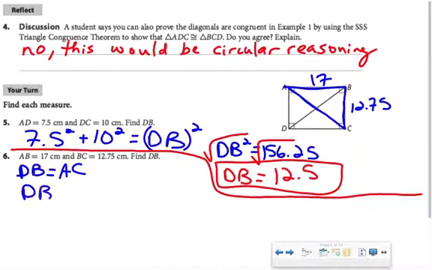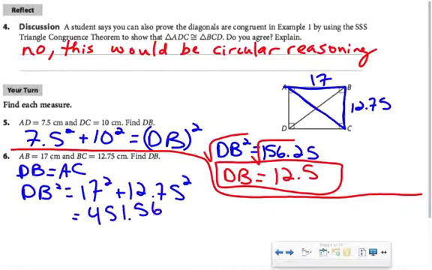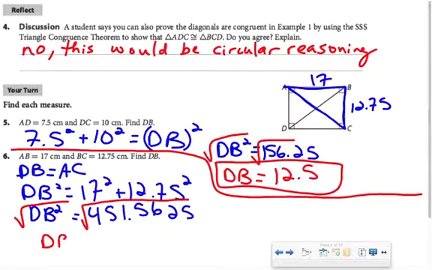So DB squared will equal 17 squared plus 12.75 squared. In my calculator, I take 17 squared plus 12.75 squared, and that is 451.5625. And when I take the square root of both sides, I get that DB is 21.25.